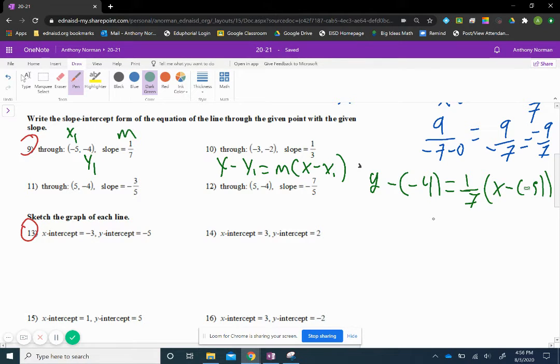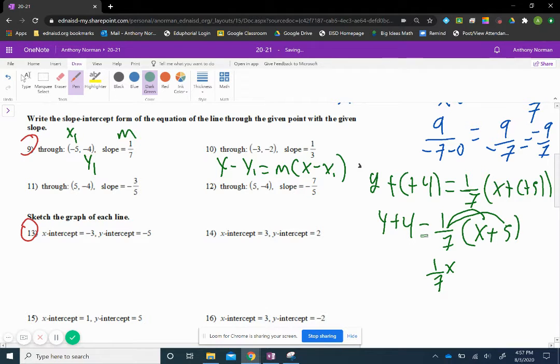So we'll simplify minus a negative. So we have y plus 4 equals 1 over 7 times x plus 5. Simplify again. We have to use our distributive property. Multiply this times 1/7. So 1 over 7x.